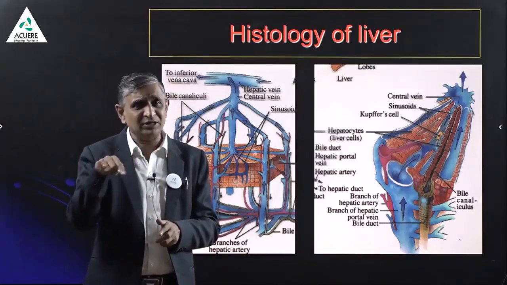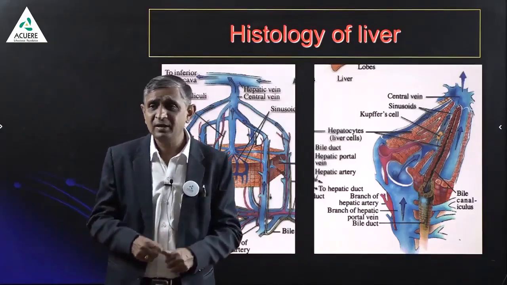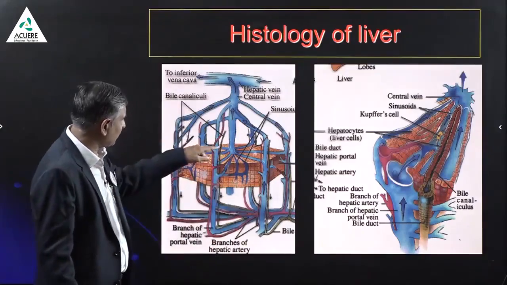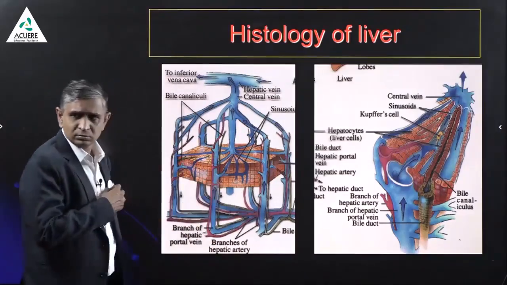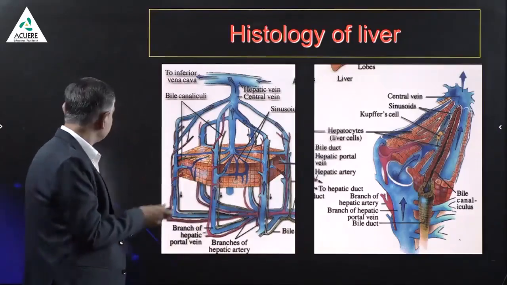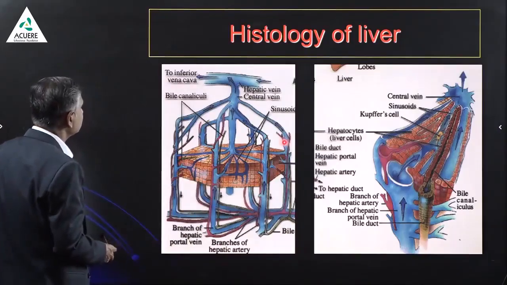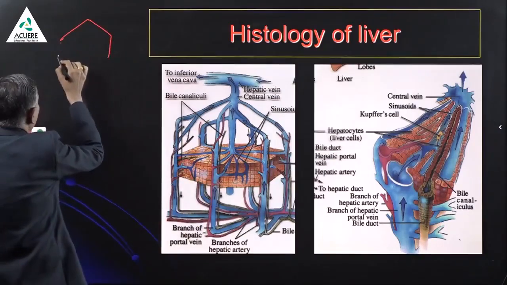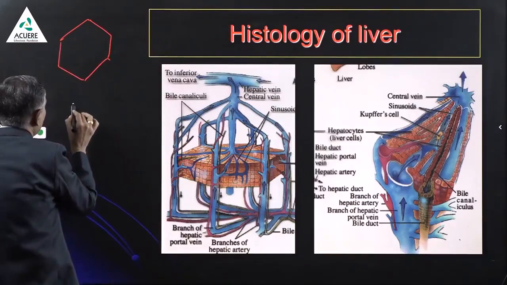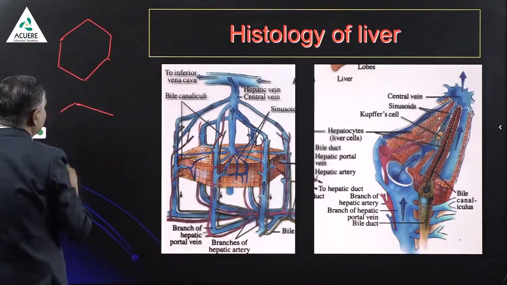It's a hexagonal structure. Can you see the hexagon? Can you see this hexagon? I may not be able to make the structure properly. I am just trying to show you.